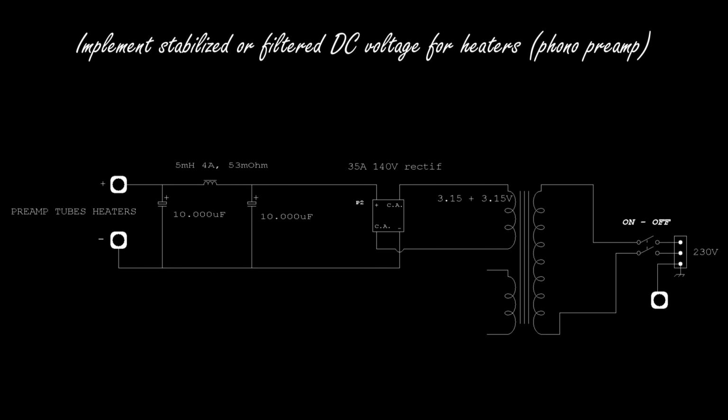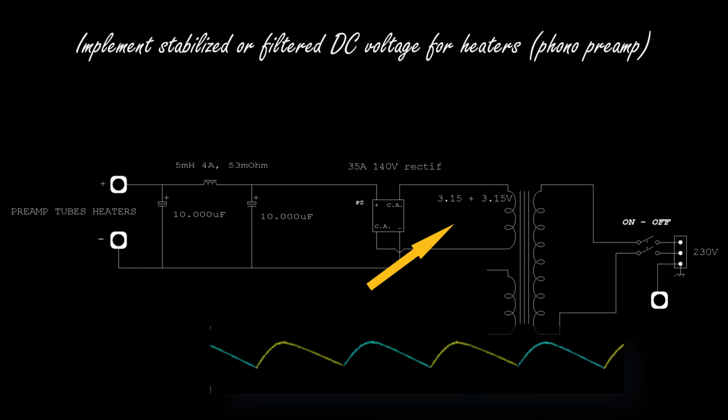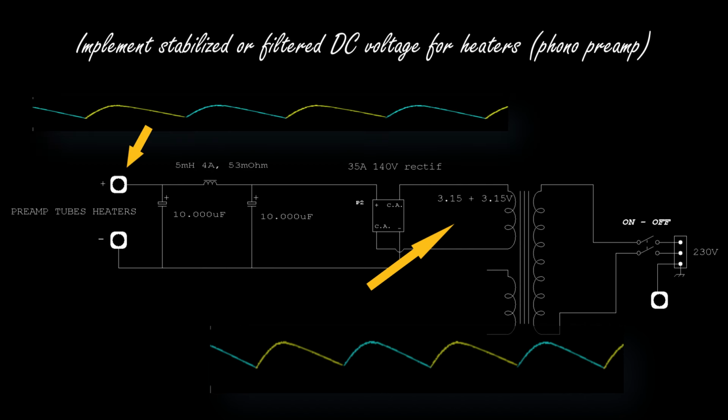Another solution to get a clean DC voltage for the heater would be to rectify, filter, and then add a smoothing impedance, and then following RC filtering stages.